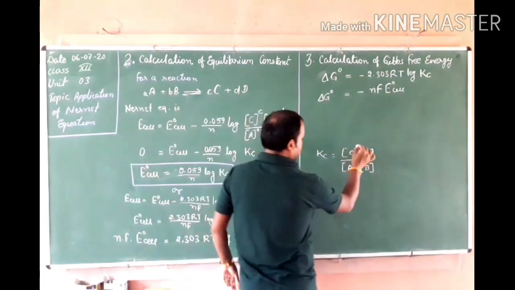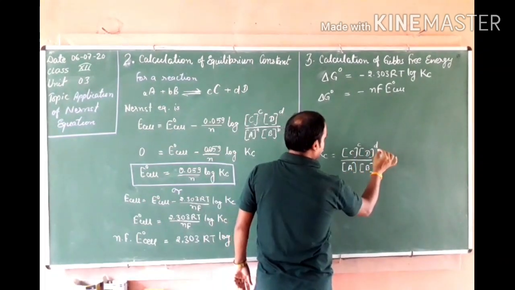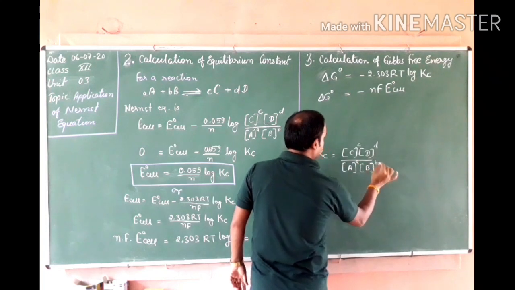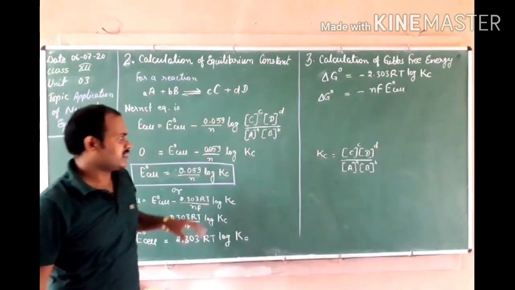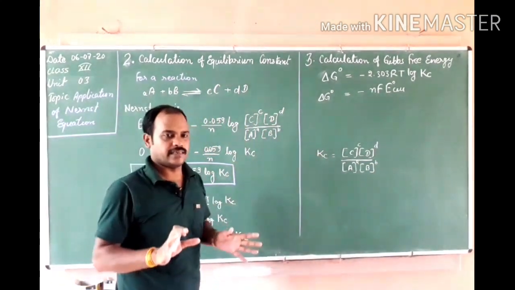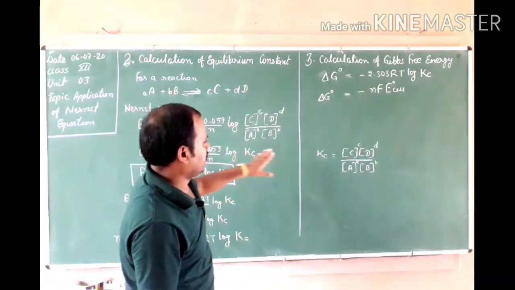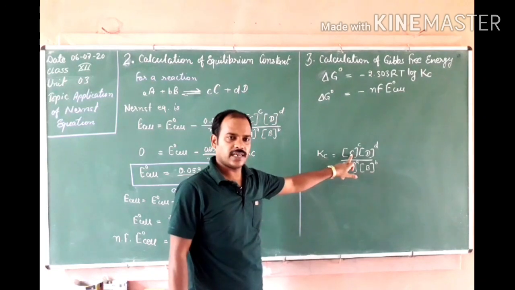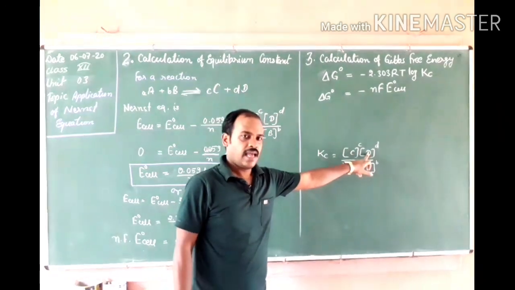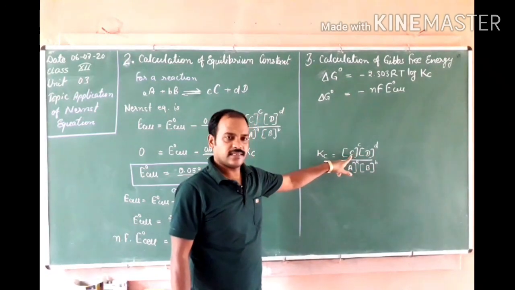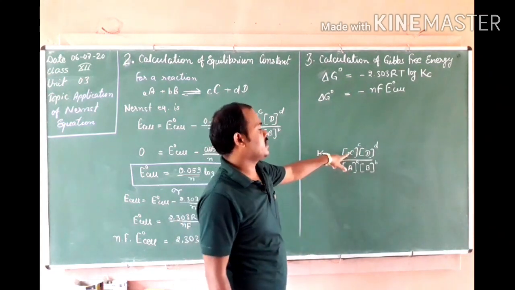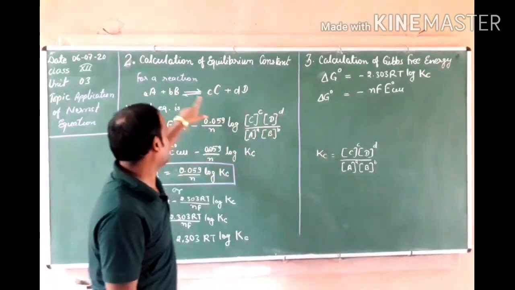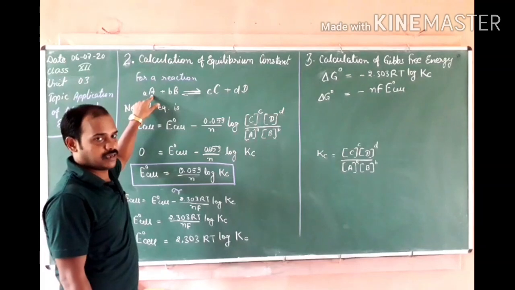So these coefficients are for C, D, A and B. Don't take it as complicated, it's very simple. For Kc, you simply write the molar concentration of products, and the exponent of the concentration will be equal to the numbers in the balanced chemical equation.